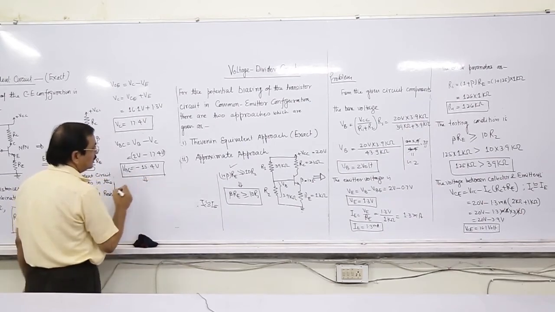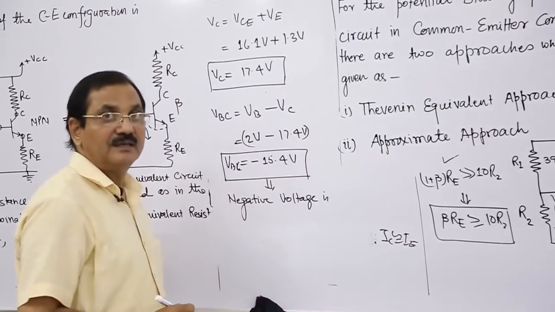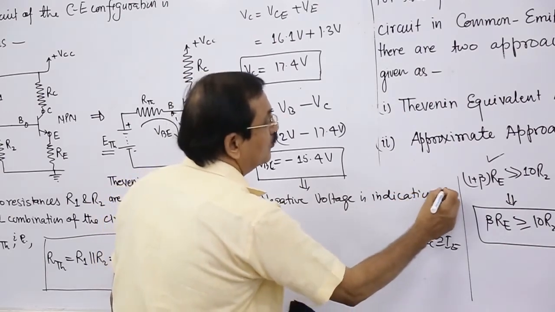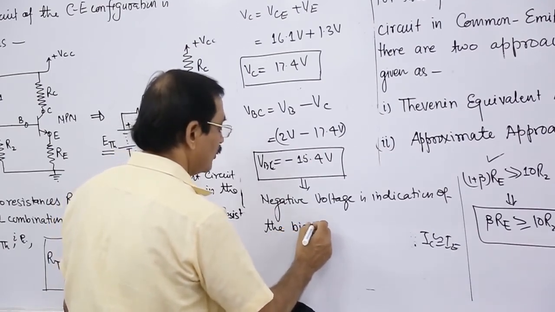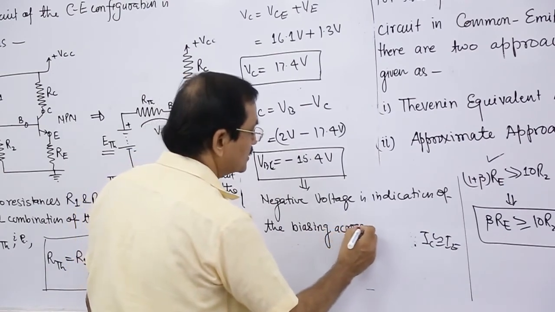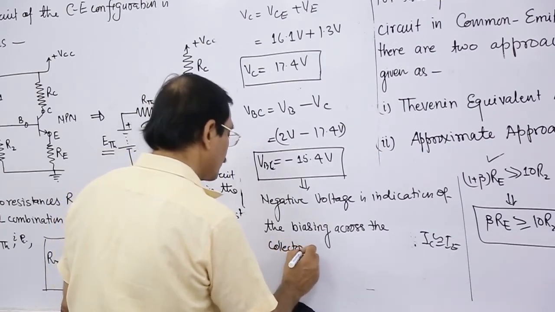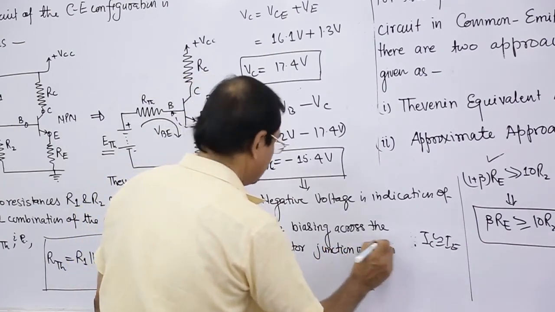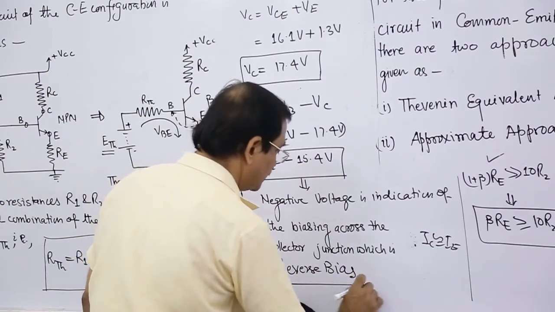So, this negative voltage is an indication of the biasing across the collector junction, which is reverse bias.